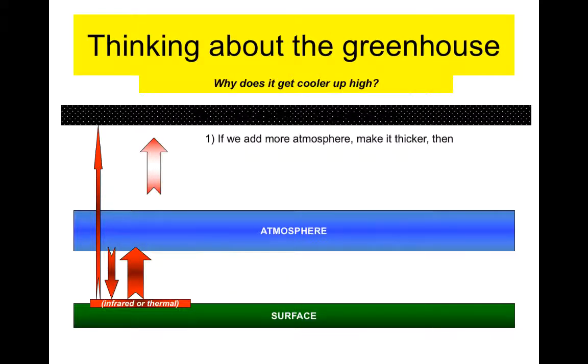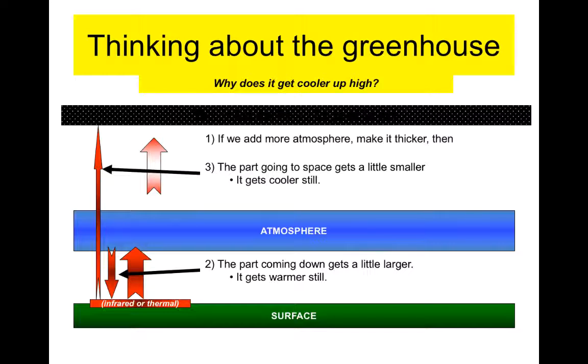If we add more atmosphere, make it thicker, then the part down here will get warmer still. And if we continue on here, it will get cooler still. So we will see a change in what we often call the lapse rate, or essentially the vertical distribution of temperature.